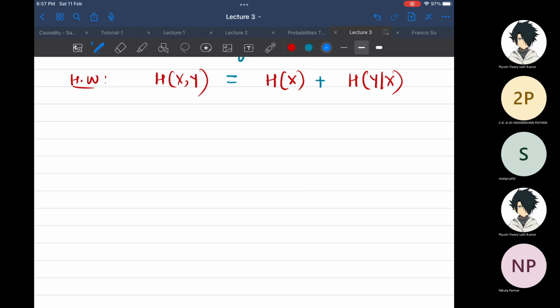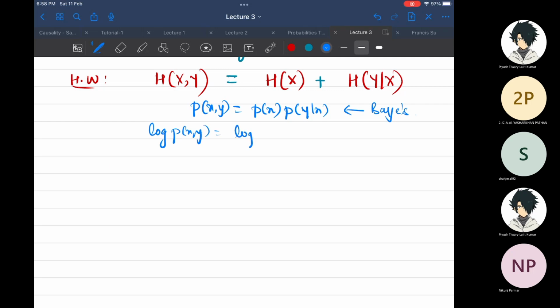I hope you remember from our probability theory class that the joint distribution can be written as multiplication of the marginal distribution and the conditional distribution. This was Bayes rule. So if I just take log of this, log of p of x comma y, this will become log of p of x plus log of p of y given x.